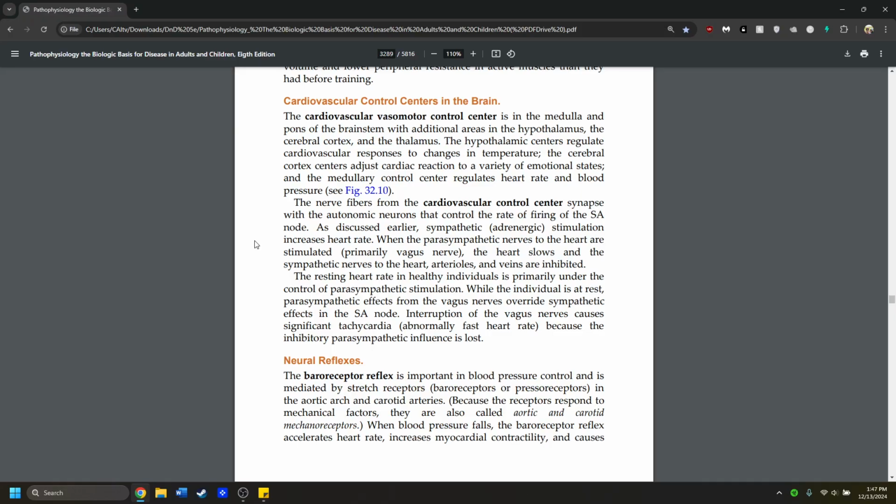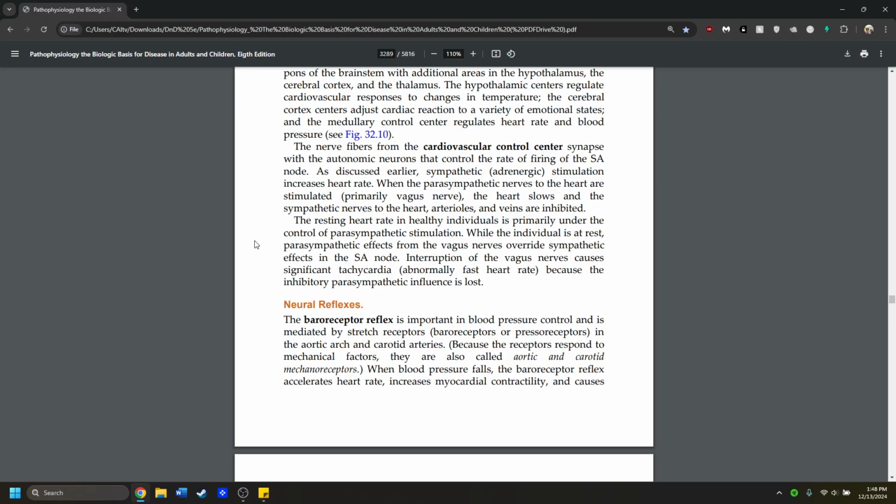The cerebral cortex centers adjust cardiac reaction to a variety of emotional states, and the medullary control center regulates heart rate and blood pressure. The nerve fibers from the cardiovascular control center synapse with the autonomic neurons that control the rate of fire of the SA node.